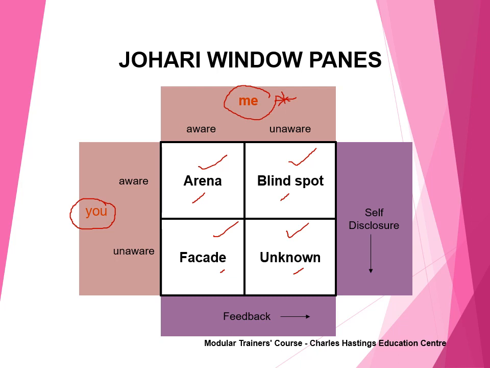So now let's see the meaning of arena. That is the first pane. Okay, let's read this matrix or grid. Let's read. Arena here is a situation where me, look at this side, me aware about something, and it is also a situation where you also aware.